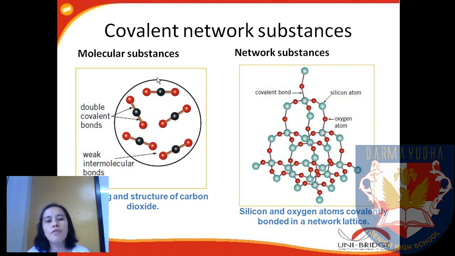Also, covalent network substances have very high melting and boiling points.